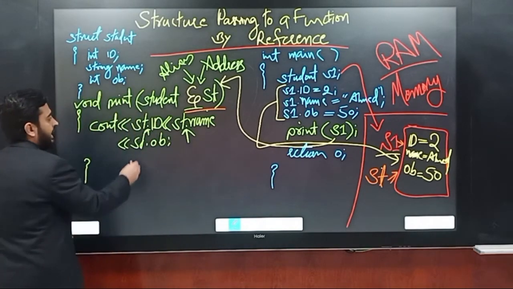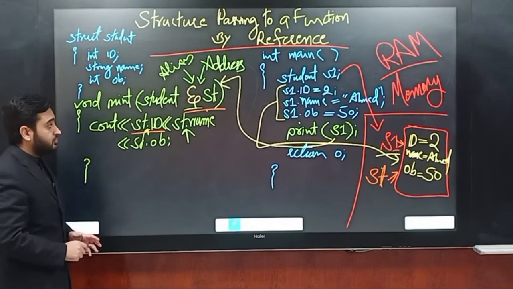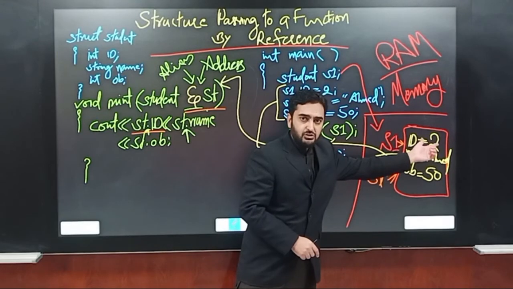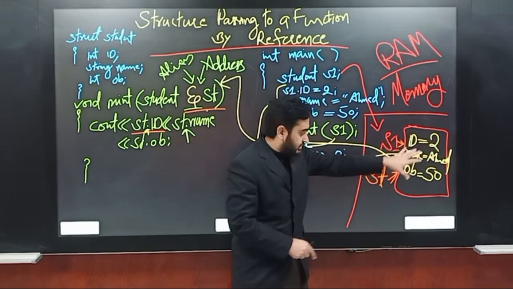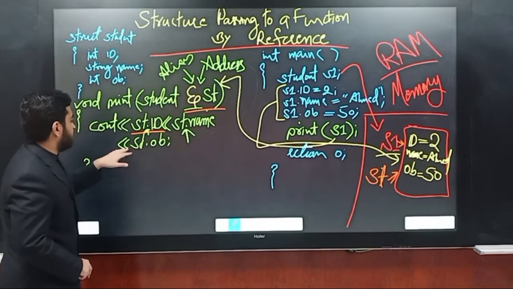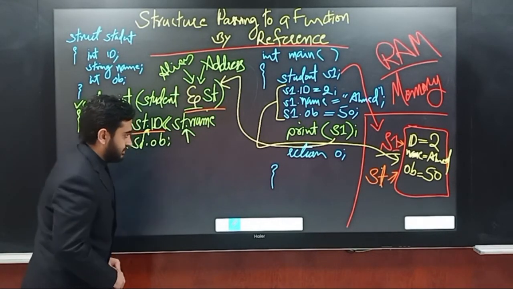So when we call st.id, it means that we want to print the value id is equal to 2 of the same object. There is no other object. We are printing the same name and the same value of OB, the obtained marks.